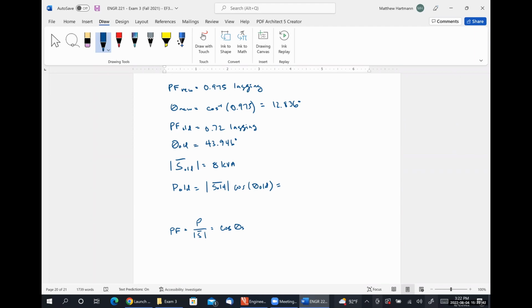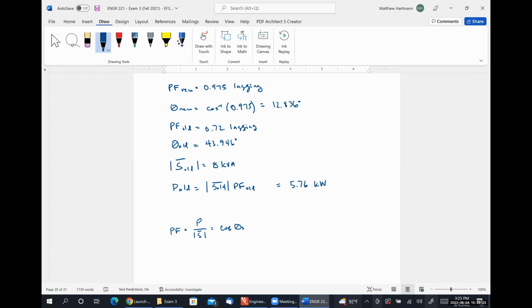So that is 8 times the cosine, actually, couldn't we just do, since cosine of theta old is power factor, just S old times power factor old gives us P old. So I don't even need to do cosine of anything, just times 0.72. 5.76 kilowatts, and then we would have everything to go into our equation.